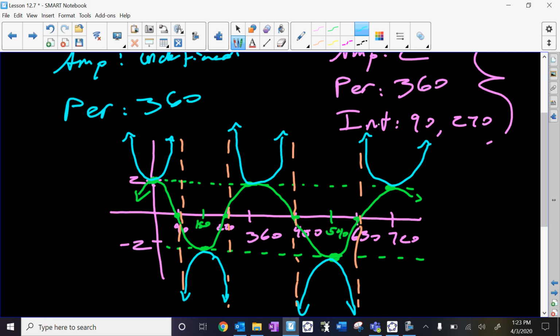So the parts in blue represent the actual graph that we're looking for, but in order to get to that, you have to graph the cosine function. The good news is that cosecant is pretty much the same thing, except instead of drawing in the cosine function, you draw in the sine function first.